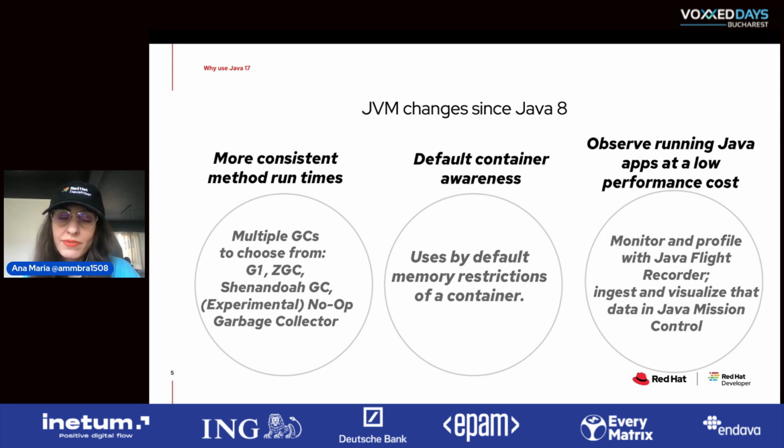It was looking for the system's default memory available, which is not always the one that you are setting up at the container level. However, now it's becoming a default. So that's one more new thing to think about when working with the newer versions of Java.